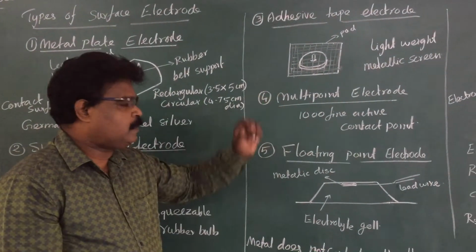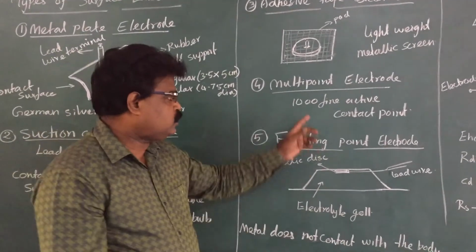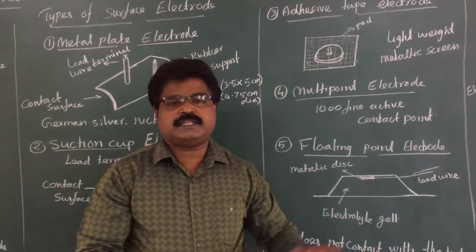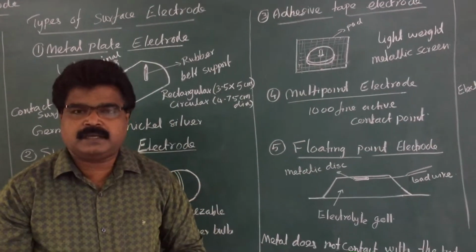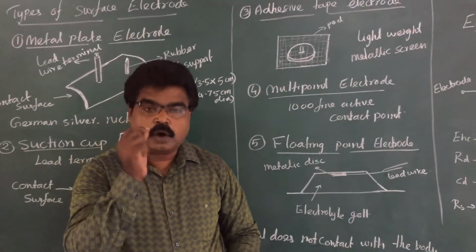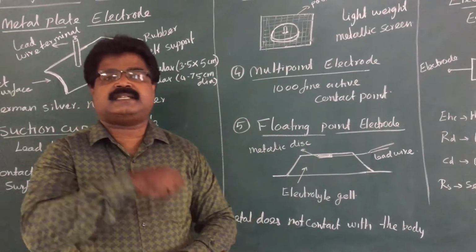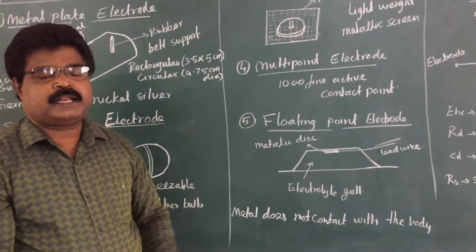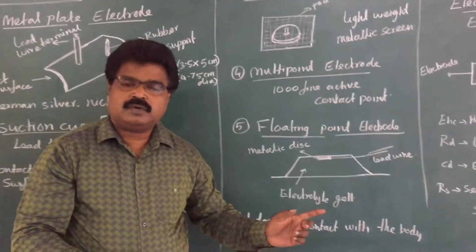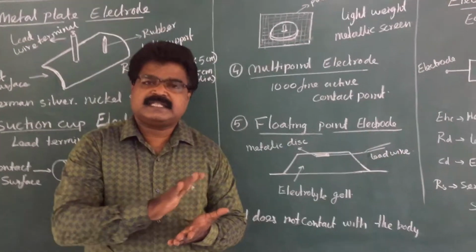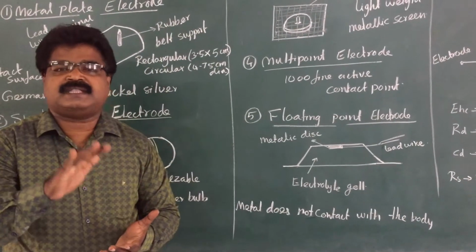Next one is the multi-point electrode. Here 1000 fine active contact points are there in the electrode. This is mainly used for ECG measurement. The 1000 fine contact points contact the skin to pick up the signal. Next, the floating point electrode. In this electrode, the metal will not contact with the skin.